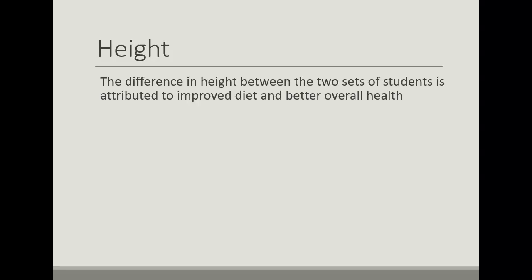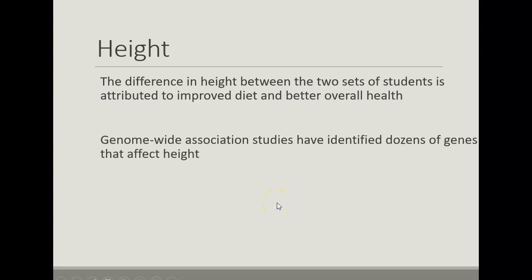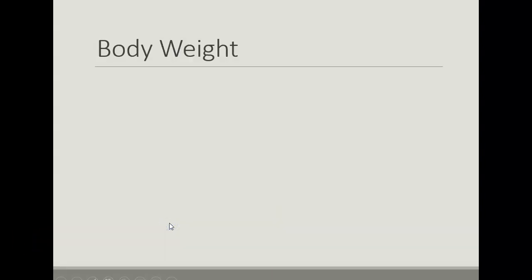We are getting better nutrition at an earlier age and for a longer period of time, and that enables us to reach a greater growth potential than if we were calorie deficient or missing things from our diet. There have been lots of different studies, something called a genome-wide association study, which I'll talk about in a little bit, that has identified all kinds of different genes associated with height.